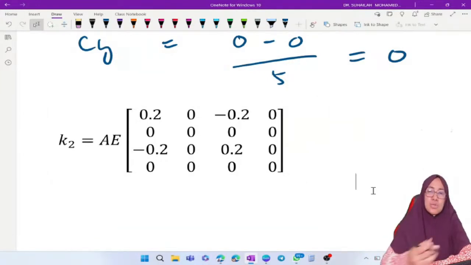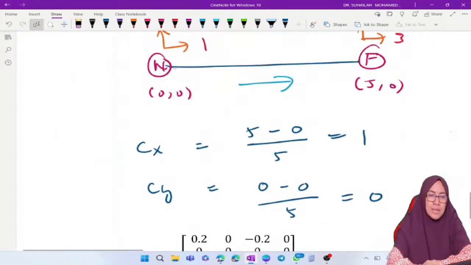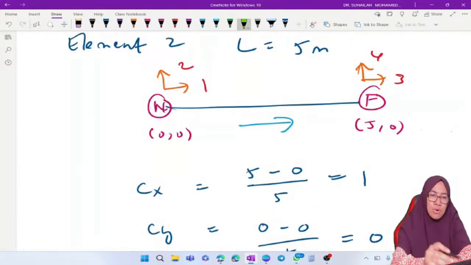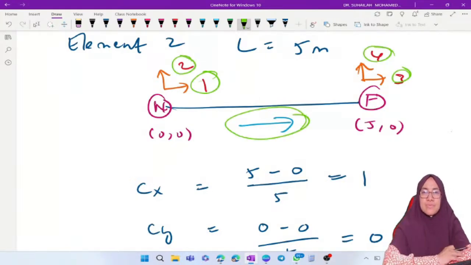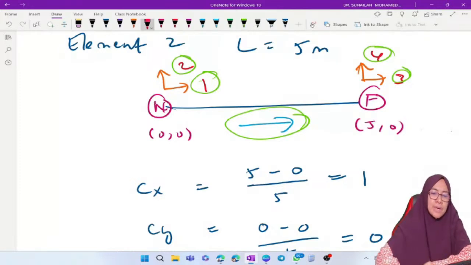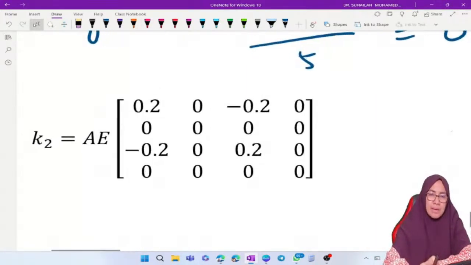Okay. So the label we have to follow is 1, 2, 3, 4 because we follow the arrow. And we have to label outside the bracket.